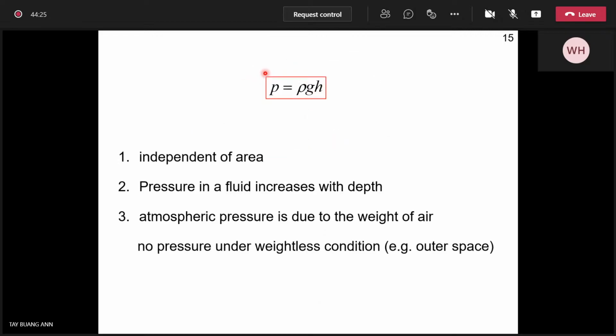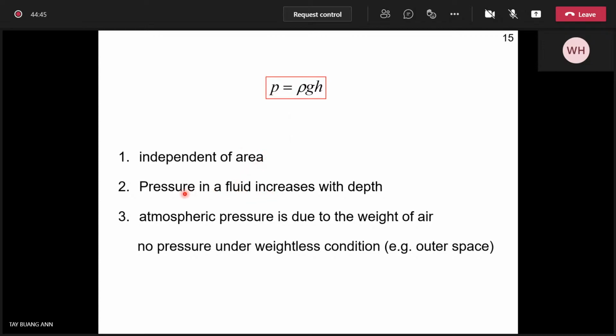Okay, so these are the properties of pressure exerted by fluids. They are independent of the total area because we already average over the area. So talking about a small area is not important if you want to talk about pressure, unless you want to talk about force, then area is important.